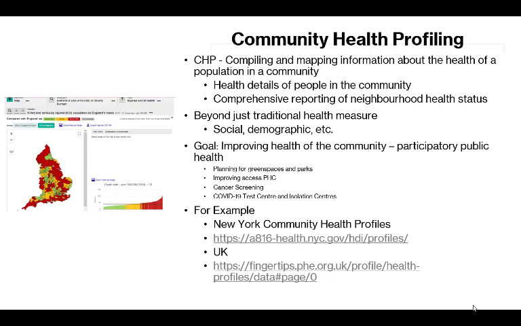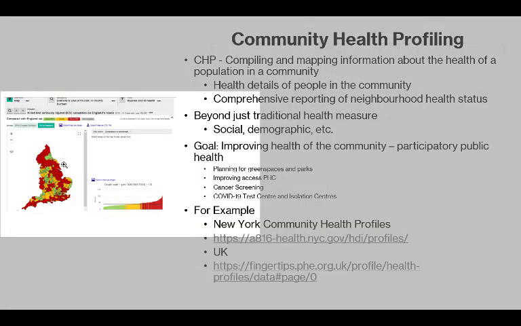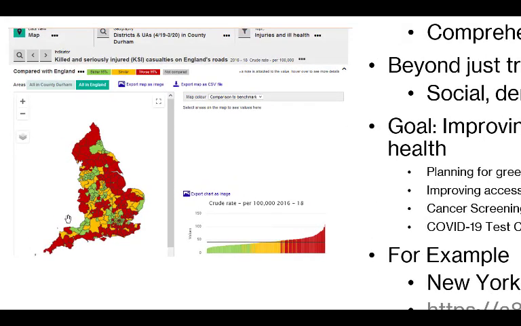So I have some examples there for you. I'm not going to go into those websites, but I put those links there to help you see some examples of what health profiles look like, especially looking at the geographical part of it.